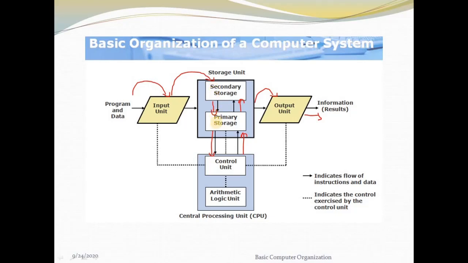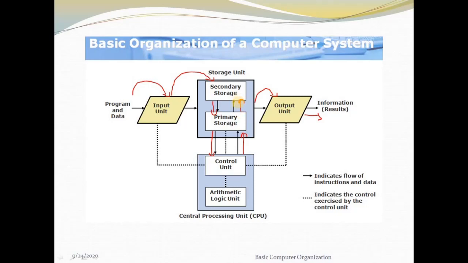Then they pass to the primary storage, and for processing we pass them to the central processing unit, where we actually do the arithmetical and logical operations. Once that is done, our data is a polished one, or the processed one. So we can call that data the information. The information will flow from the processing unit to the primary storage and then to the secondary storage unit.